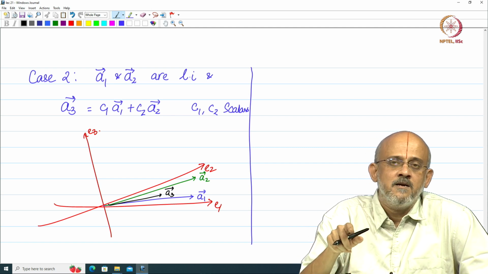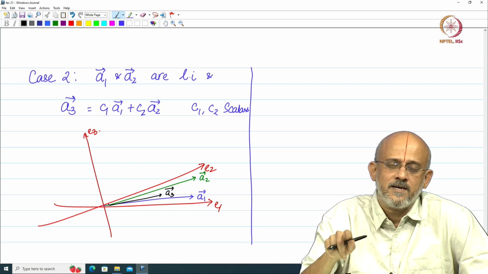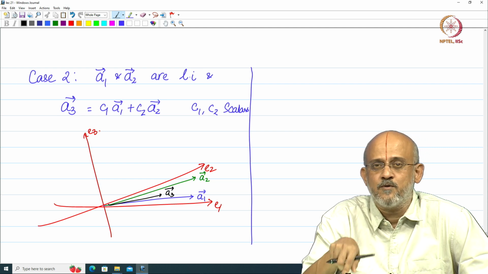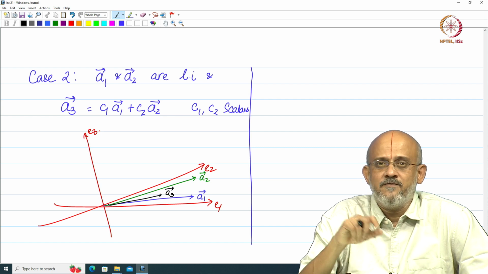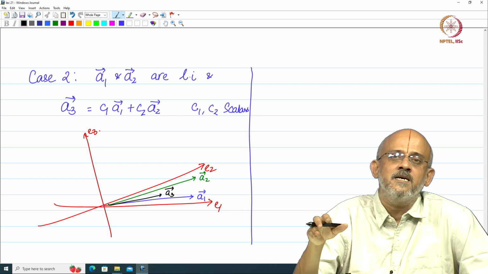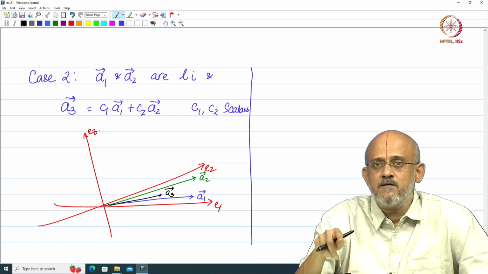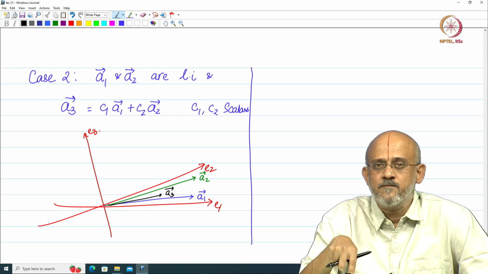If you remember, we found that the cross product of 2 linearly independent 3 dimensional vectors a1 and a2 is a vector which is perpendicular to both a1 and a2, right.